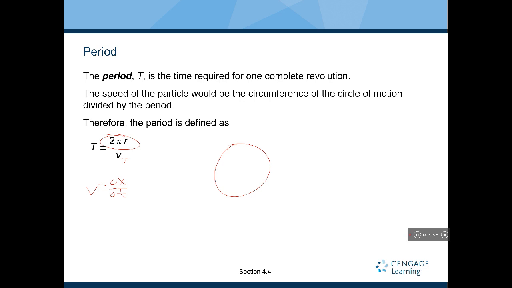Of course, sometimes to calculate velocity tangential, you can work this backwards, right? You can say, hey, the velocity tangential is the distance around a circle, 2 pi r, divided by period. For example, if I asked you to figure out just how fast the Earth is going, all you would need to know is the radius of the Earth, which is 4,200 miles, and how long it takes the Earth to go around, which is 24 hours.